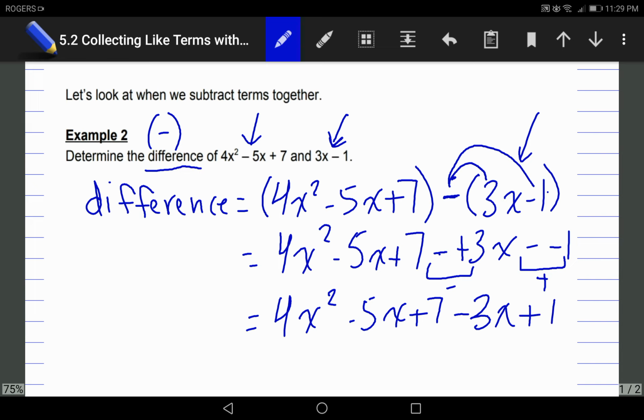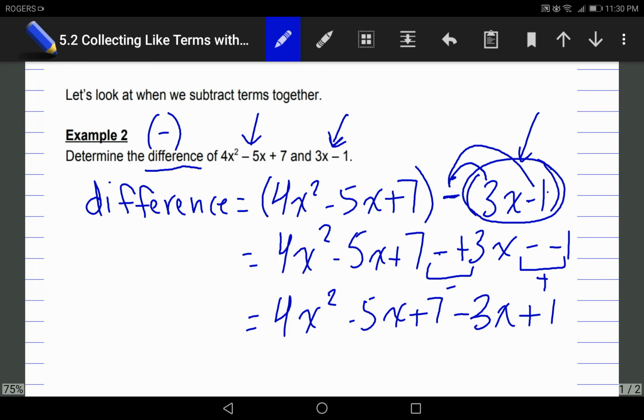So what's the rule here? What do we need to remember when we're subtracting these brackets or these entire expressions? Well, what you need to remember is actually quite easy. Whatever is in this bracket here, use the opposite signs. Because look what ended up happening. We ended up, instead of 3x, we used minus 3x.